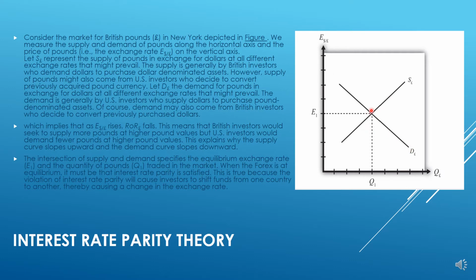The intersection of supply and demand specifies the equilibrium exchange rate and the quantity of pounds traded in the market. When the foreign exchange market is at equilibrium, it must be that interest rate parity is satisfied. This is true because a violation of interest rate parity will cause investors to shift funds from one country to another, thereby causing a change in the exchange rate. And that is how, through interest rates, the exchange rate is determined.